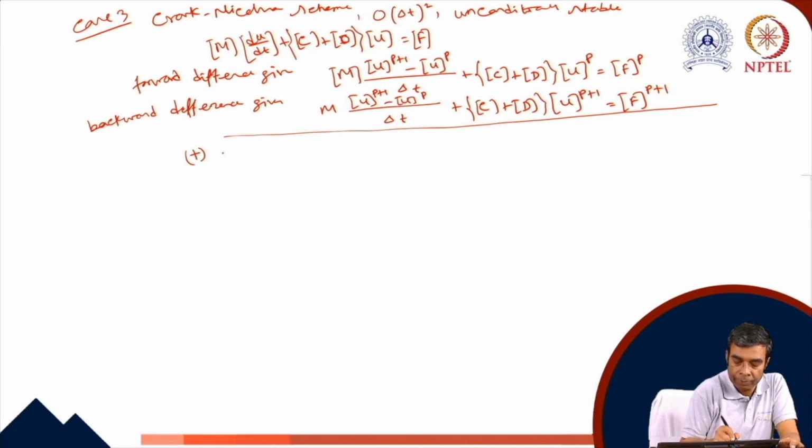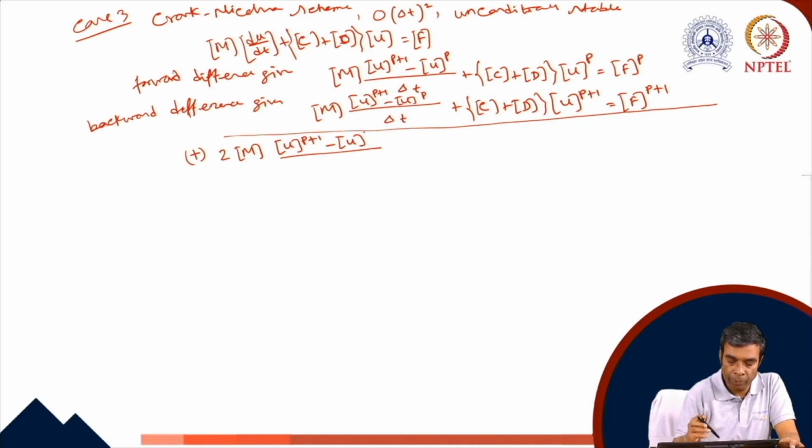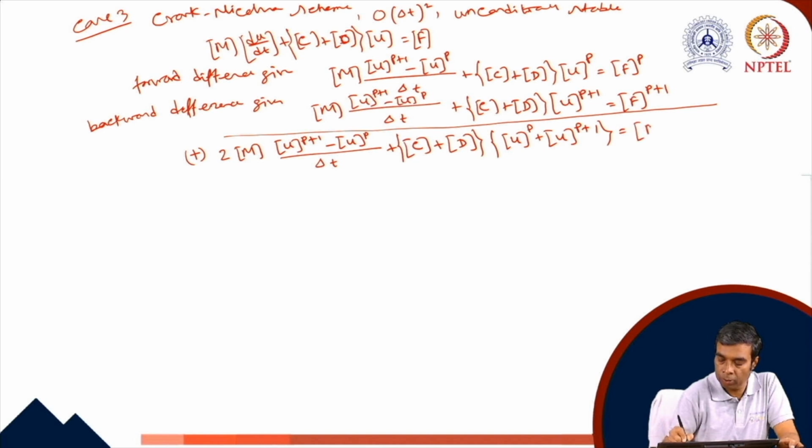Here, by adding, we get 2 into the mass matrix, then the degree of freedom at the unknown level minus the degree of freedom at the pth level divided by delta t, plus the convection matrix plus the diffusion matrix multiplied with the known DOF vector plus the unknown DOF vector, equals the load vector at the pth level plus the load vector at the p plus 1th level.